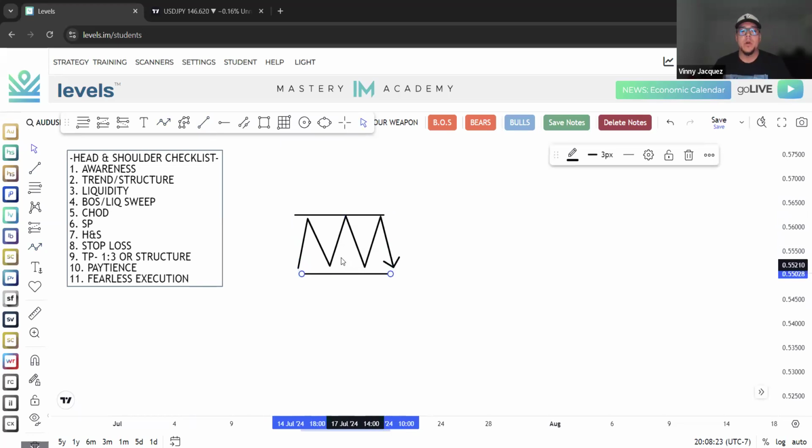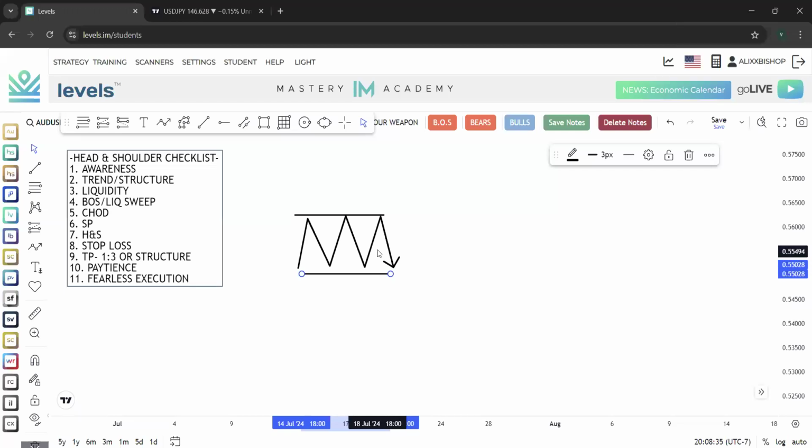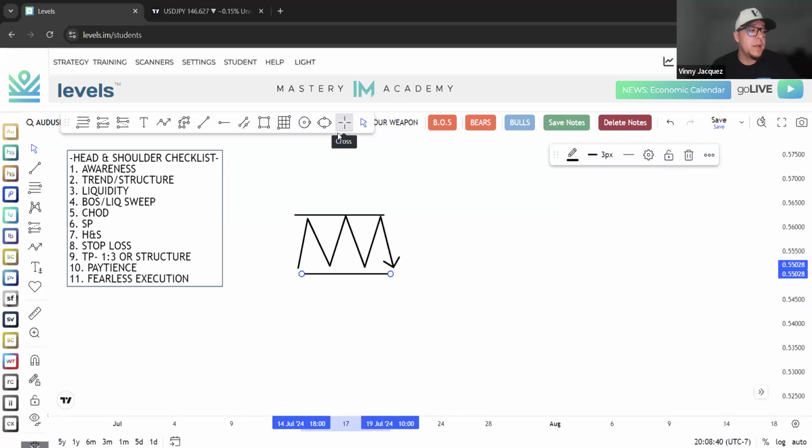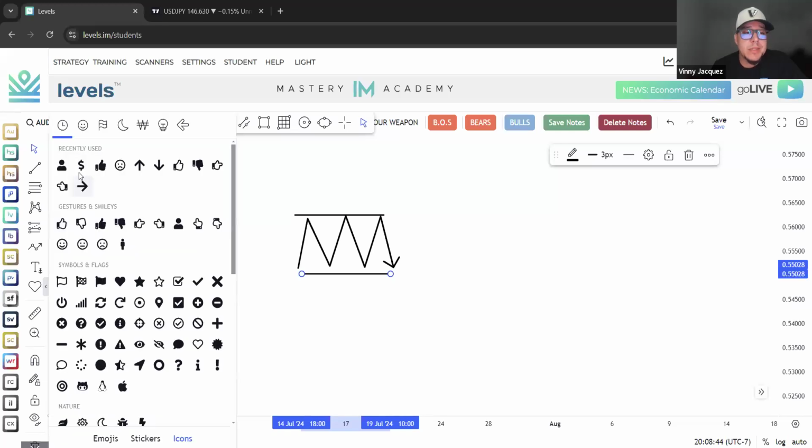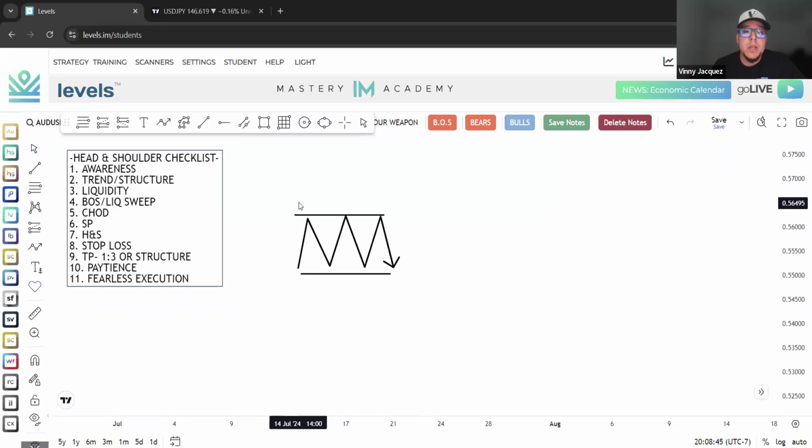shoulder. So when we're looking at the consolidation here, does anybody know what consolidation is? Building up liquidity. Yes, consolidation is liquidity. Liquidity, guys, is a buildup of money.